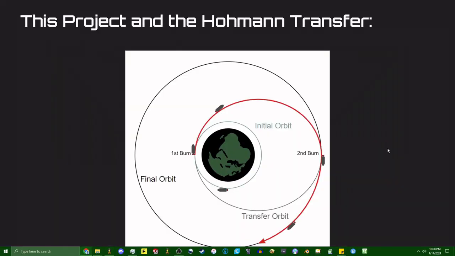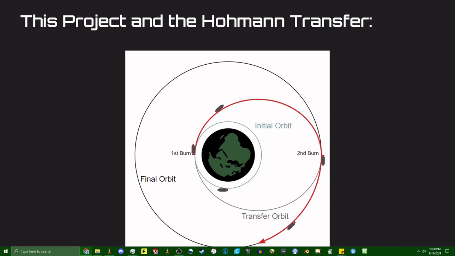Hohmann transfer. This is just a principle to say if you want to change going from one orbit to another, it doesn't have to just be a closer orbit going to a further orbit. It can be more complicated too, but I don't want to get into that right now. You perform two burns. One of them is an intermediate transfer orbit that gets you from one target to another, and then the other one is you catching up or matching the speed that you want at your final orbit.